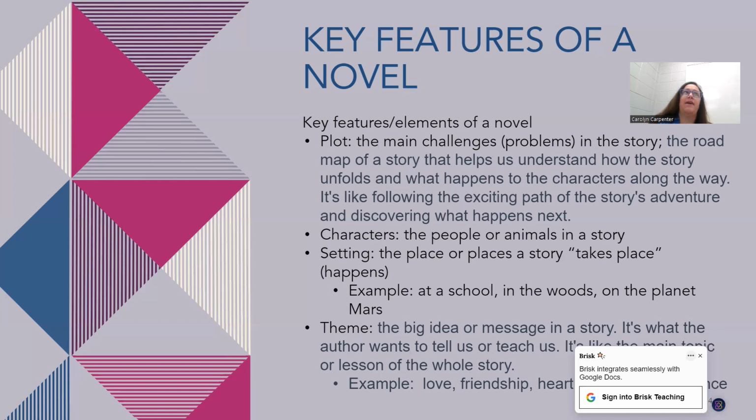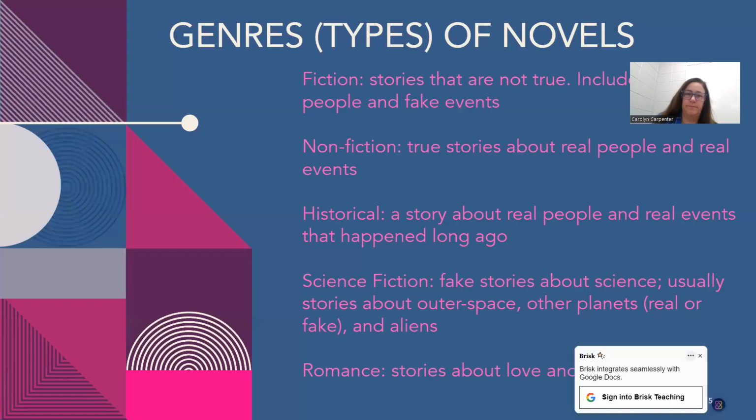Maybe they have financial struggles, which means they have problems getting money, okay? Maybe they are really poor and they can't afford food. And so now that story, the themes become love and death and finances, okay? So there can be lots of different themes within one story.